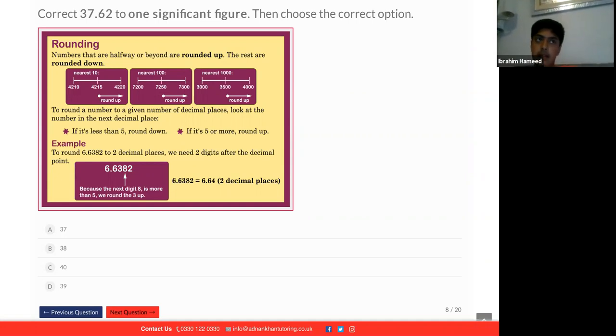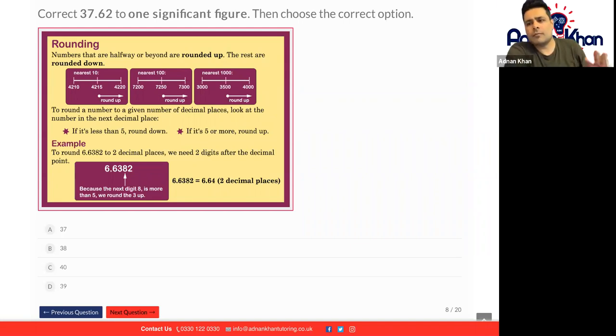So the first digit from the left that is not a 0. After that, you would round to the nearest, whatever it might be, in this case 10. It'd be 40, sorry. 40. Just, Ibrahim, there's a lot of crackling noise in the background. Just explain that nicely and slowly so that everybody else can hear that as well.